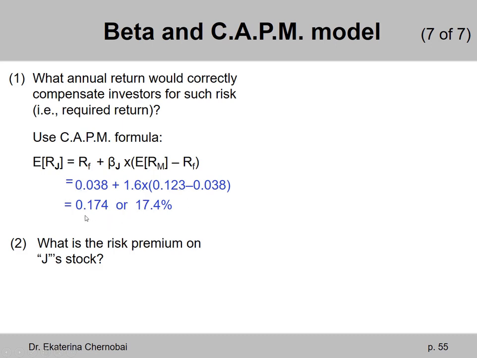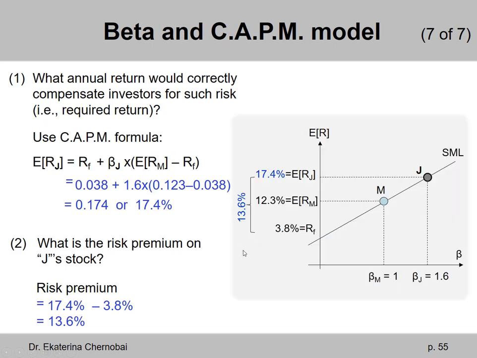The calculations give us 17.4%. The second question is, what is the risk premium on J's stock? By definition, the risk premium is the expected return minus the risk-free return. So we take the answer from the first question, 17.4%, and subtract the treasury bill rate, 3.8%, which was given, which gives us 13.6%. Okay, where are we on our CAPM graph?